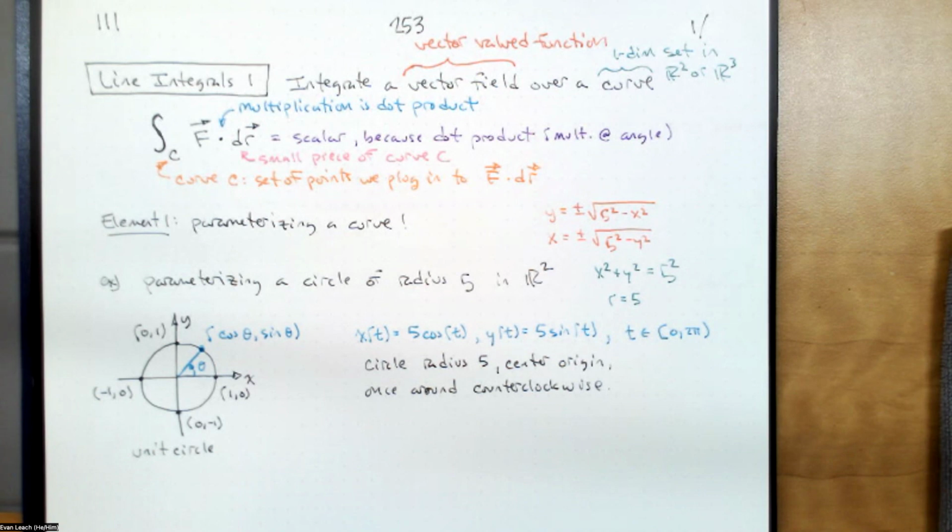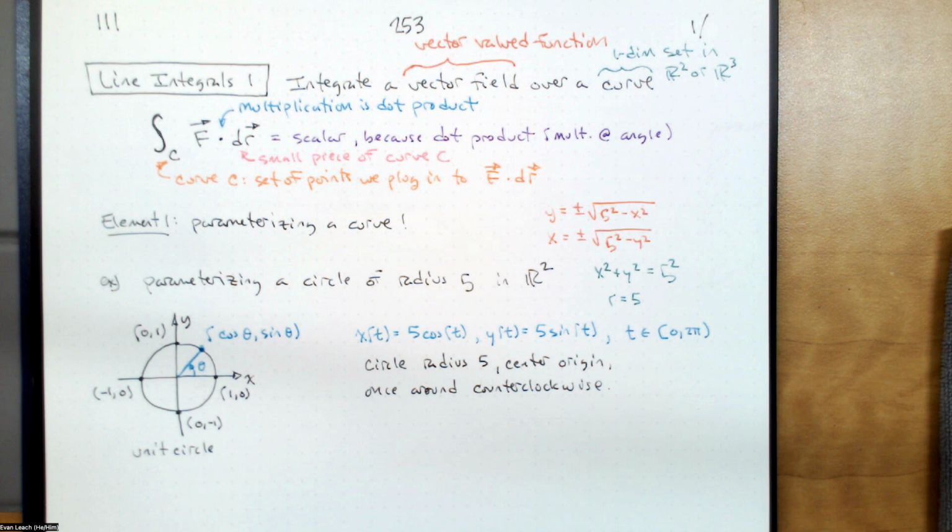Good question. Here I've just listed the parametric equations of this circle. This makes sense. If x is 5 cosine and y is 5 sine, then x squared plus y squared will be 25 cosine squared plus 25 sine squared, which will just be 25.